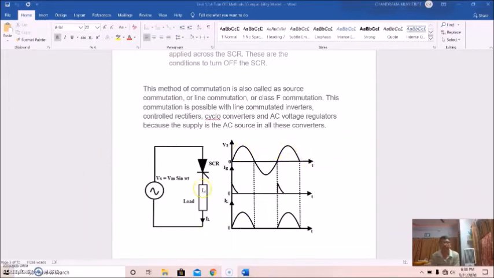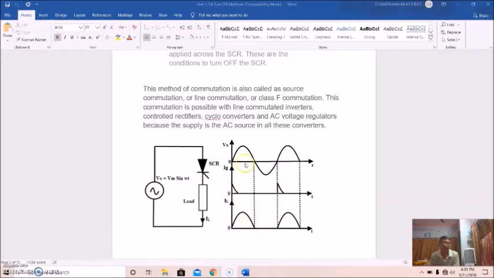You are seeing the circuit. Here the AC source is applied, and this is the thyristor, and this is the load. Now, if you apply a gate signal, it will turn on, and this is the load current.